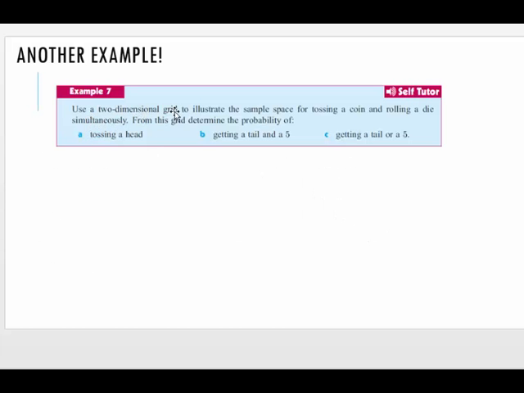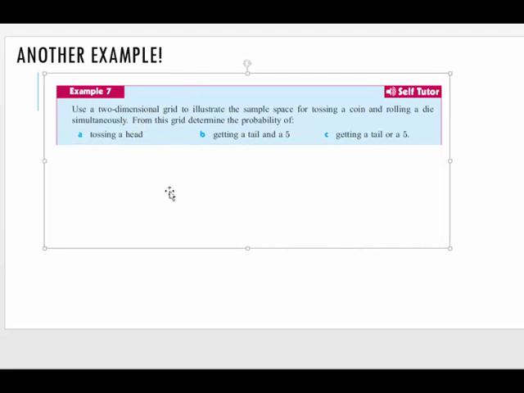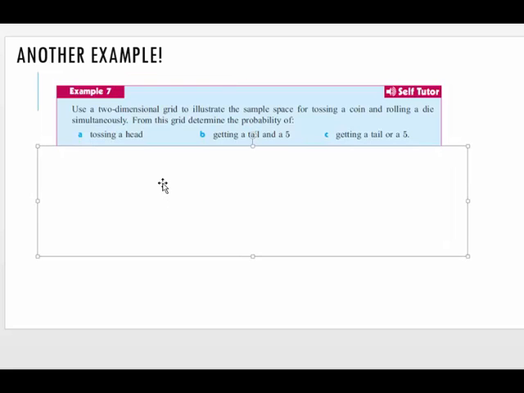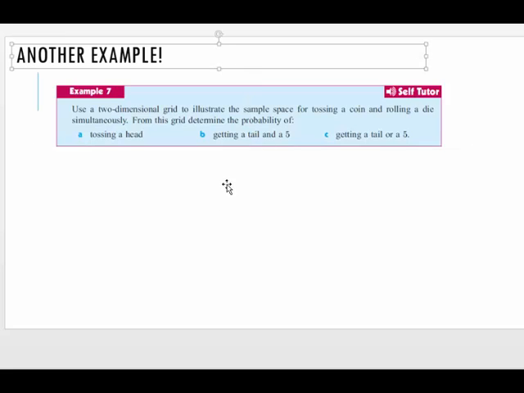Using a two-dimensional grid to illustrate the sample space for tossing a coin and rolling a die simultaneously. Okay? We want to create a two-dimensional grid. A two-dimensional grid is a way of looking at all the sample spaces, and we can do that by drawing it out. We can look at it as an X and Y axis.